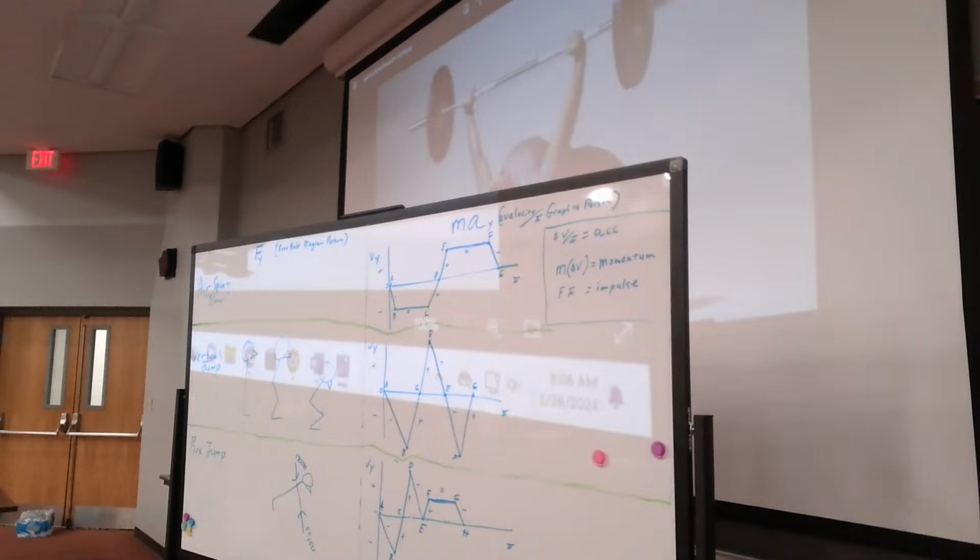Meaning, when I'm slowing it down going down, it's moving down. And when I'm speeding it up going up, it's going up. But the acceleration is still positive, because of my hands pushing more than the weight. Think of it like this. If I'm bouncing a basketball, the ground is going to have to slow the ball down as it falls, change its direction, and speed the ball up coming up.